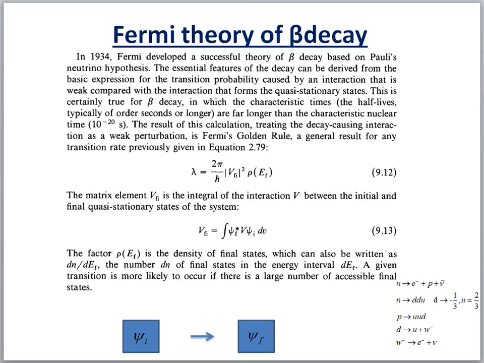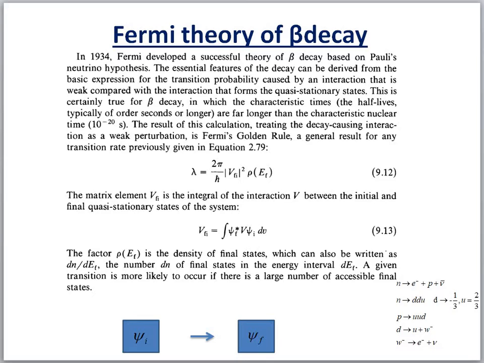We know that the psi f state contains three particles: the wave function of the daughter nucleus, the wave function of the electron, and the wave function of the antineutrino.